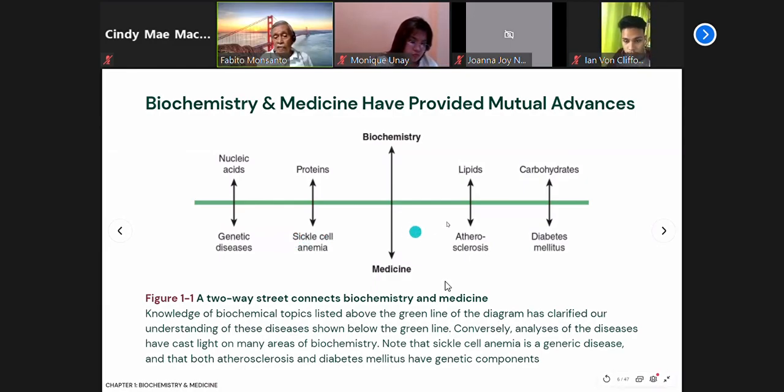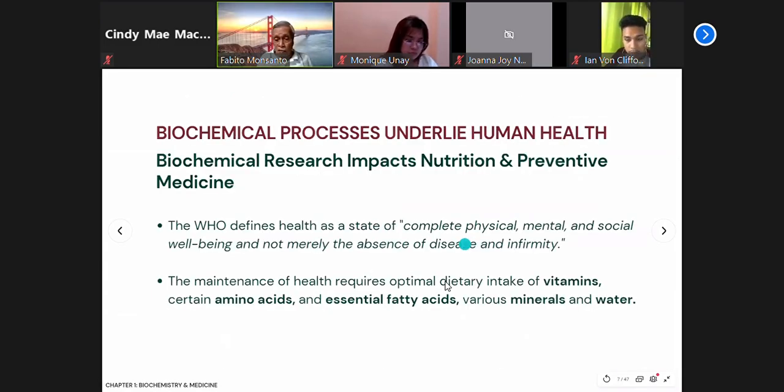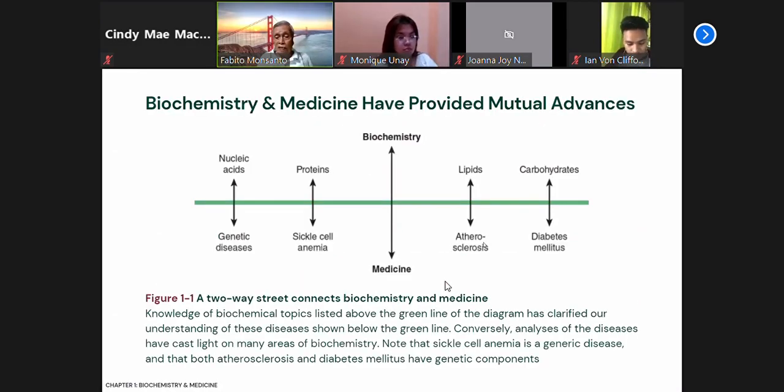Okay. Now, problems with lipids gives you a very good example, atherosclerosis. However, this atherosclerosis also has a genetic component. And likewise, problems with carbohydrates, you come up with diabetes mellitus.